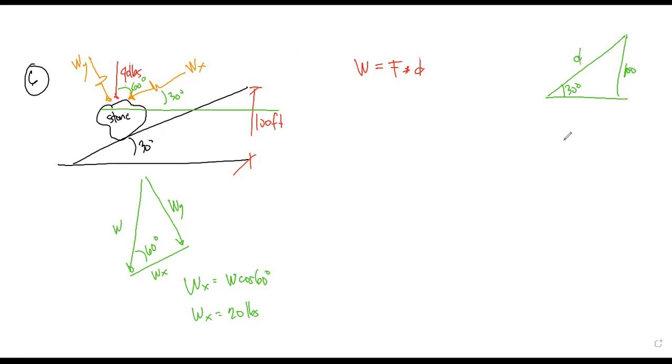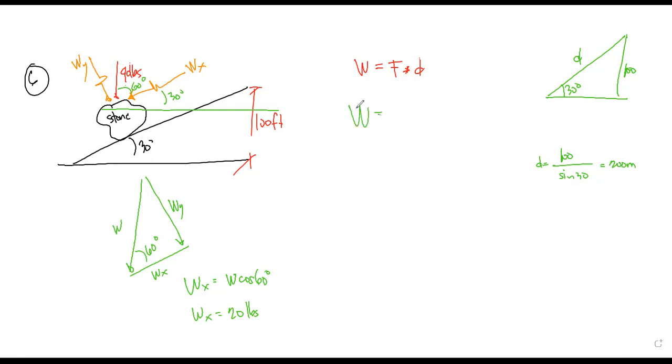So d here is just equivalent to 100 over sine of 30, which is equivalent to 200 feet.